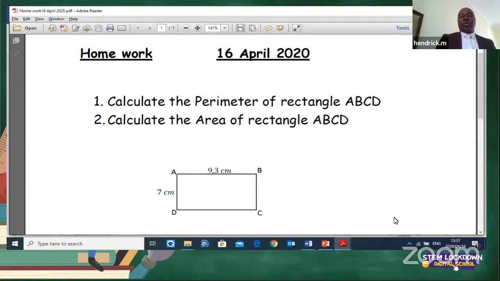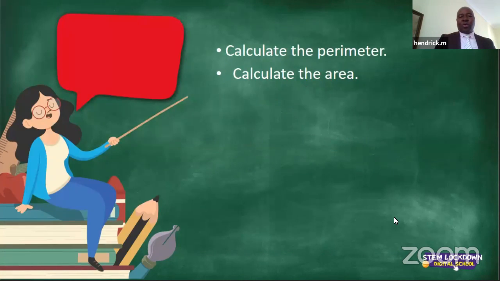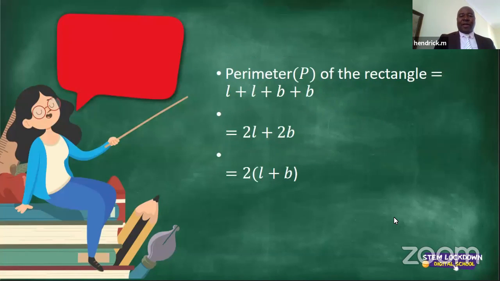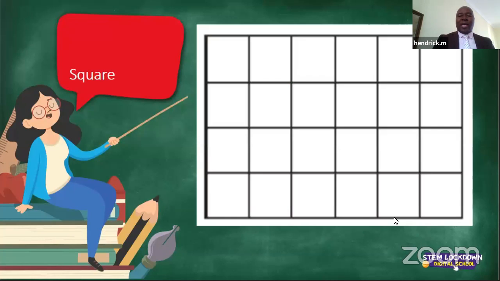Remember, before we close, we spoke briefly about different ways. If I can take you back to the rectangle that we had, in order for you to find the area, you can simply count the number of squares that are inside the rectangle. And where do we use this in real life? If you have a house and you want to put tiles, you need to know the area of your house.